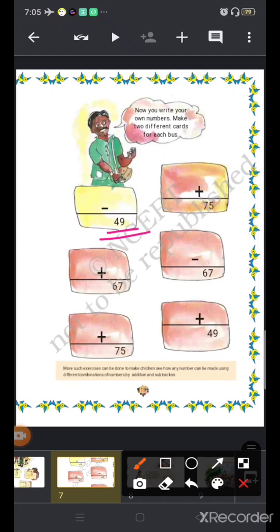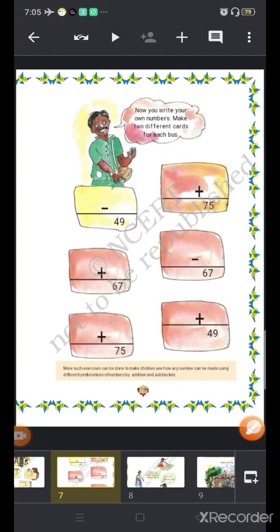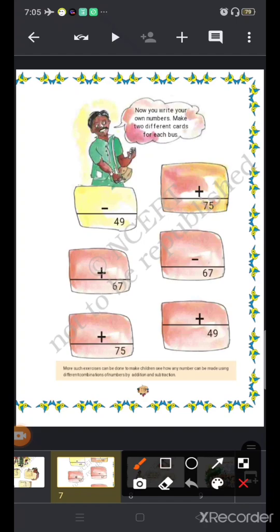Like for 49, we can write here number 50 and 9 and 10. Isn't it? If we subtract these two numbers, 9 minus 0 is equal to 9 and 5 minus 1 is equal to 4. So like this we can write.